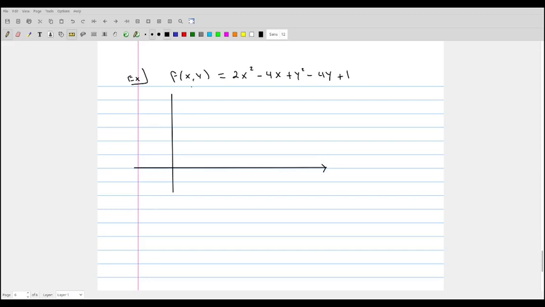Consider you want to optimize this function over the triangular domain bounded by the line y equals 2 and the line y equals 2x. So we'll say that this is y equals 1, say, y equals 2.